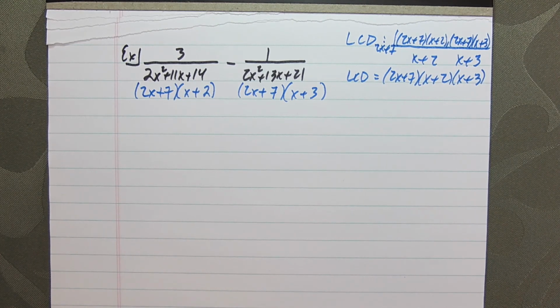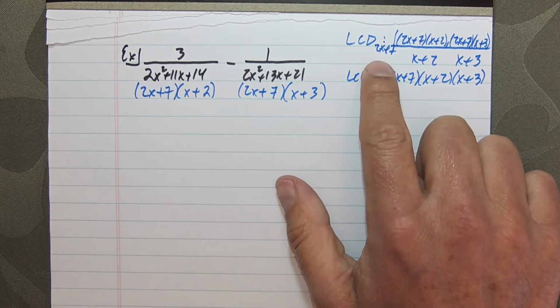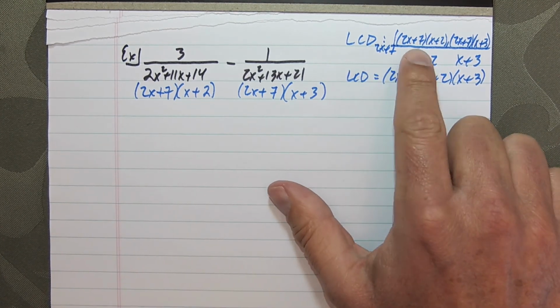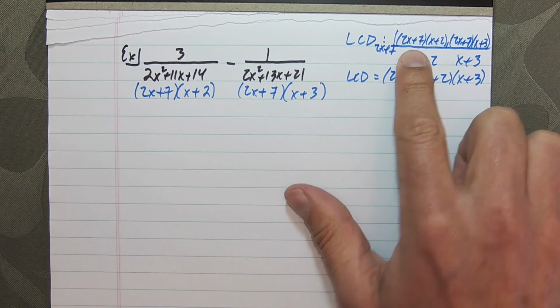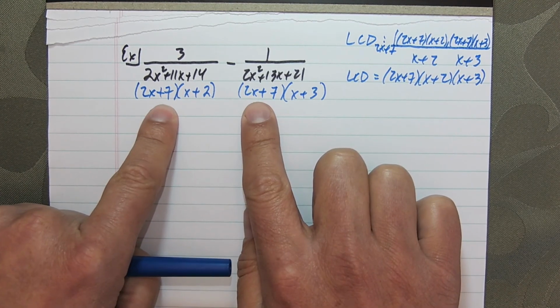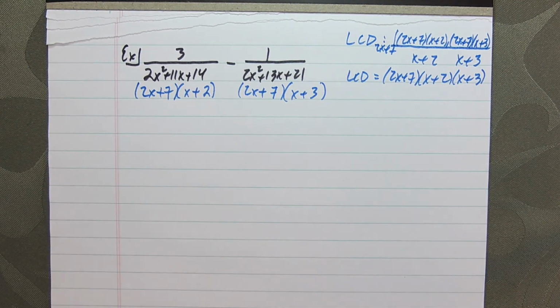Is she gone? I see her name still. Diane, are you there? I just want to make sure that you're still... Sorry. That's okay. What's that under the LCD? That's 2x plus 7. Sorry, I didn't leave enough room to write this. So I pulled the 2x plus 7 out. They had that in common. You can see they have that in common here. Okay. Yeah, that's just my terrible handwriting. Sorry about that. That's fine.